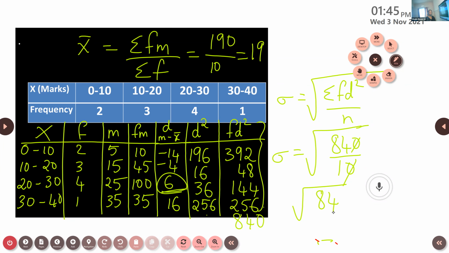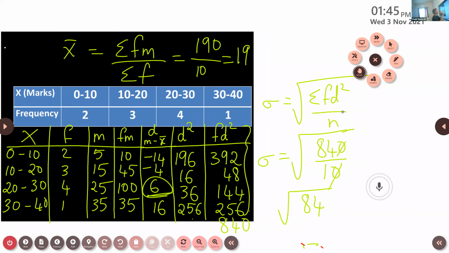I told you how to find the square root before. Anybody got the answer? Square root of 84.